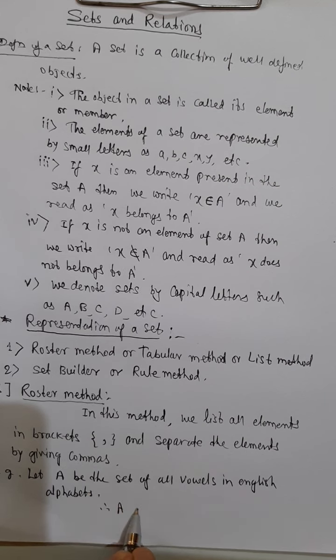Therefore, we get set A equal to, in brackets we write the elements. We know what are vowels in English. These are a, e, i, o, u.